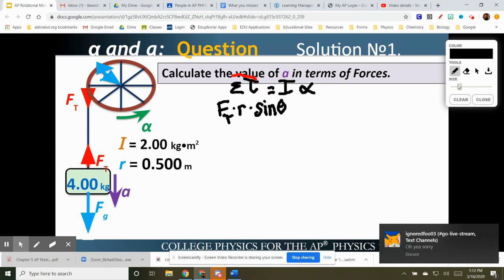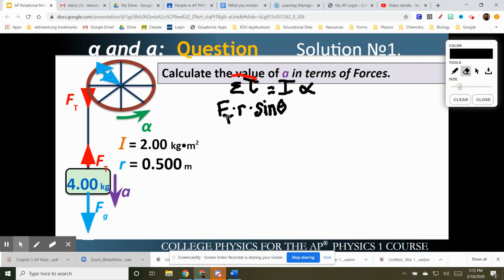Okay? So I'm going to back up a little bit because I really want y'all to get this, so ask a question if you don't understand. Torque is known as a force on a radius with the angle between the force and the radius. Gabriel already jumped ahead and said the force that is providing the angular acceleration is Ft, the force of tension.